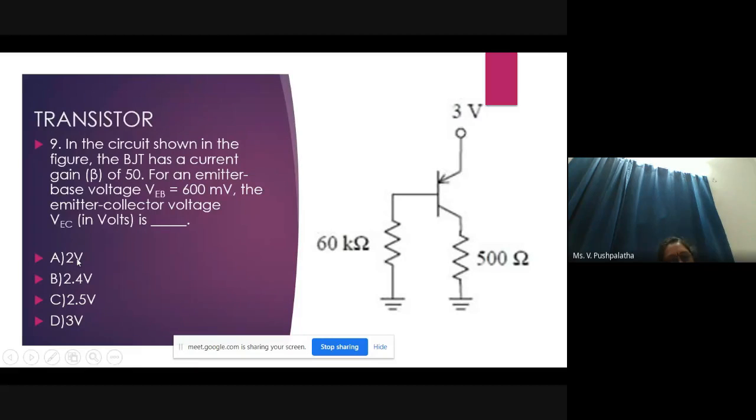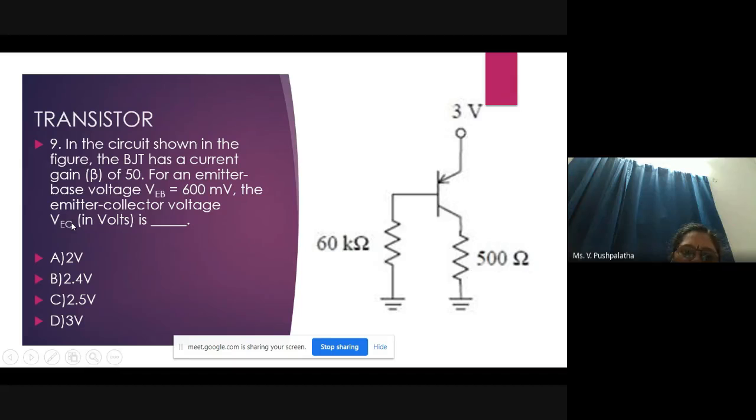Again and again I am repeating that whenever they give a circuit like this, first you write the data they have given. VE is given, VEB is given, beta value is given, and VEC you need to find out. E value is given, so you only need to find one value, which is VC.